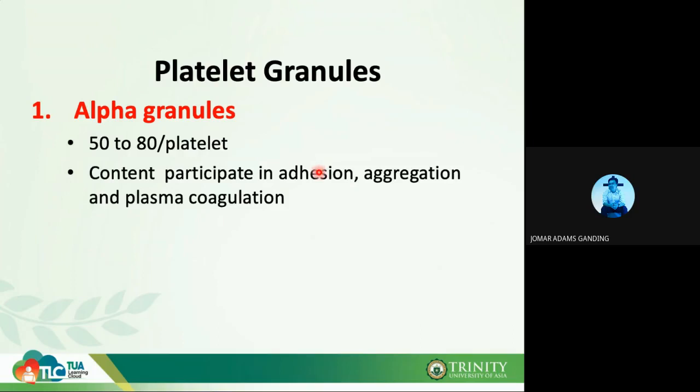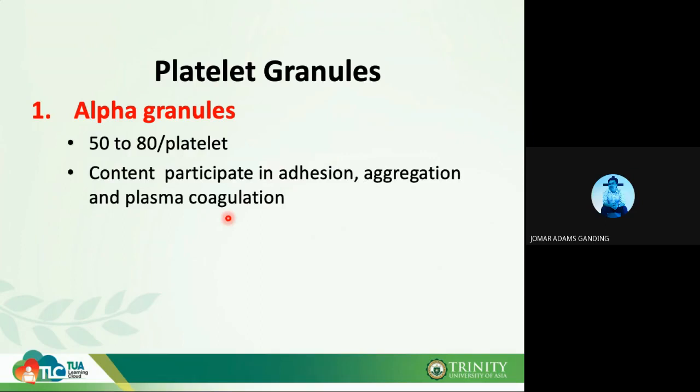Aside from your glycocalyx, your alpha granules also participate in the adhesion, but not only in the adhesion but also in the aggregation and the eventual coagulation within your plasma.